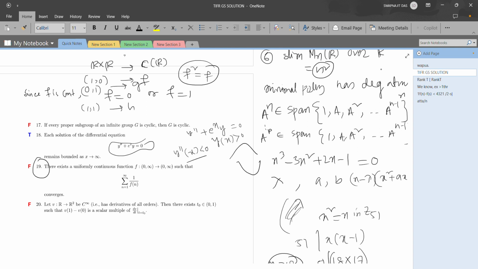So v from R to R2 is a C infinity function, then there exists a t naught such that v(1) minus v(0) is a scalar multiple of this. So let v(t) equal (f(t), g(t)).